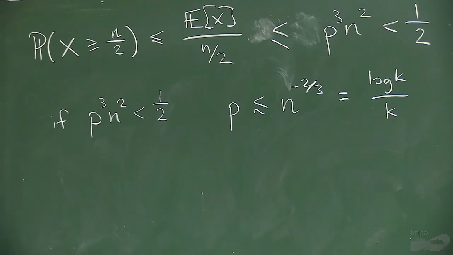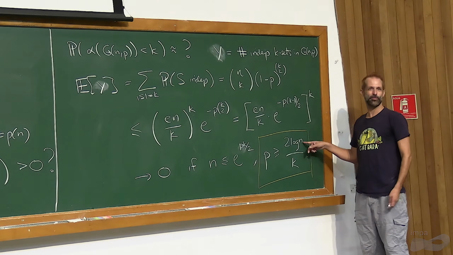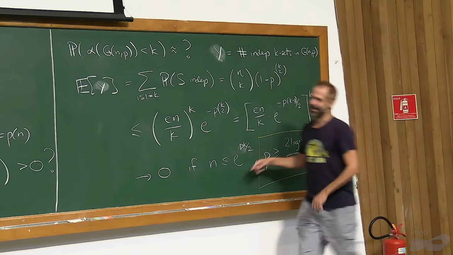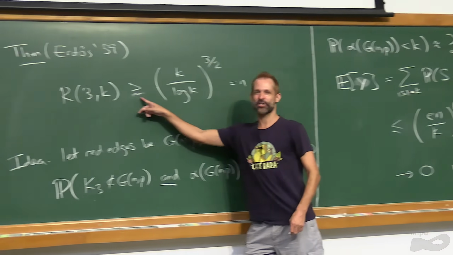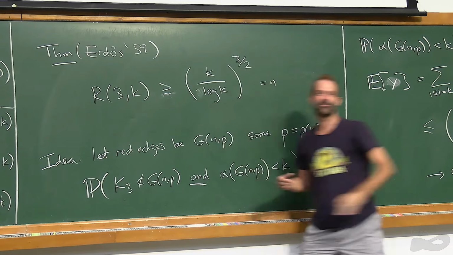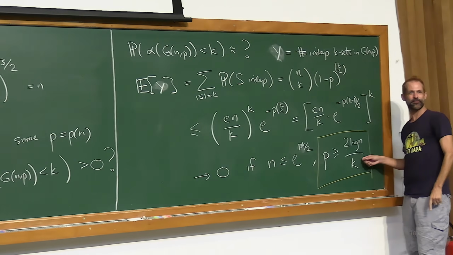And if p is log k over k, I mean, log n and log k are the same up to a constant factor. That's a constant. I said I was cheating a little bit here, and there's a constant in here. Maybe it's like 8 or something, whatever. Now suddenly, our p is big enough.